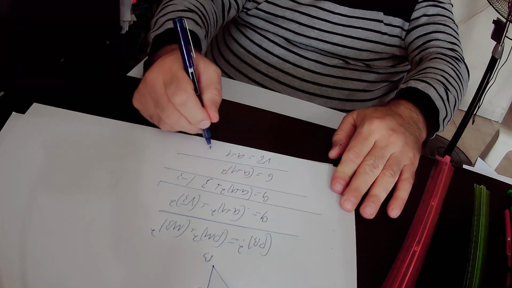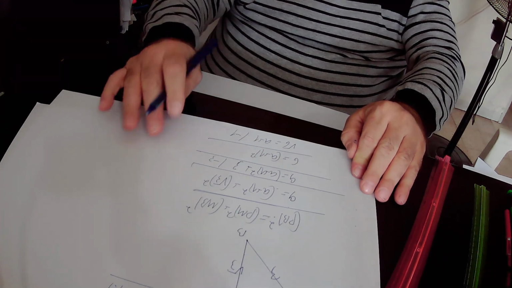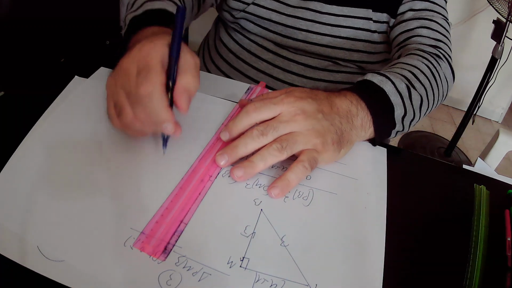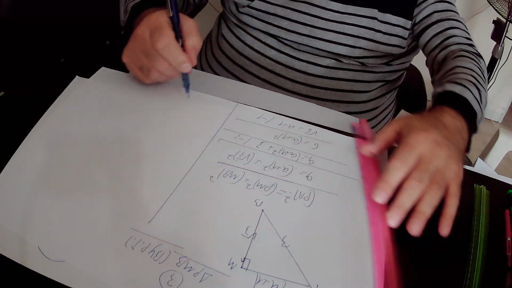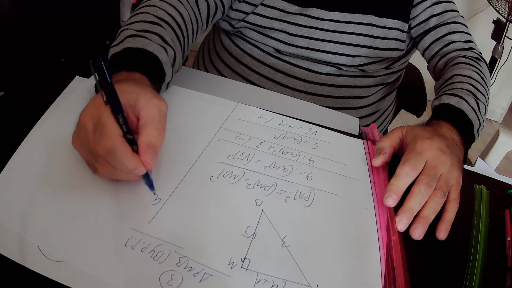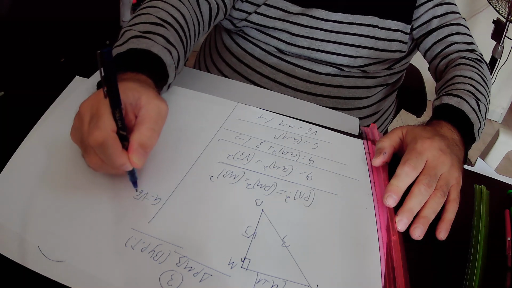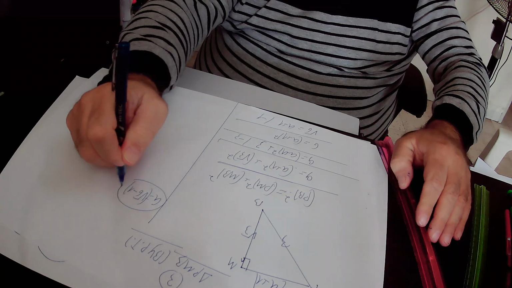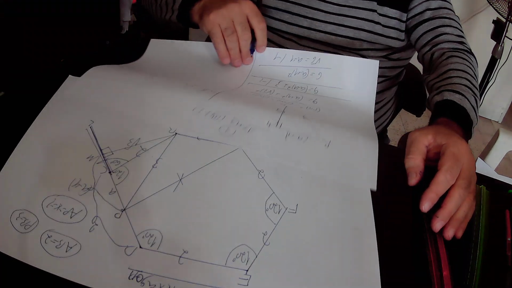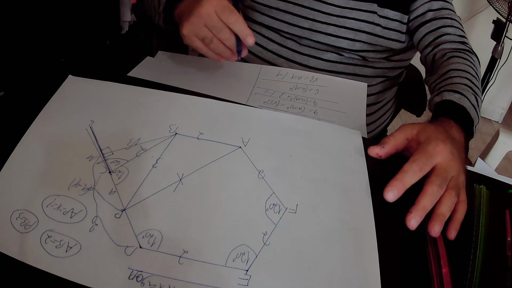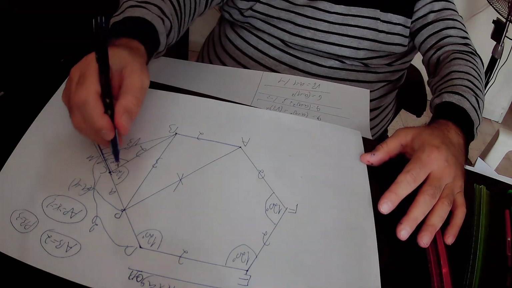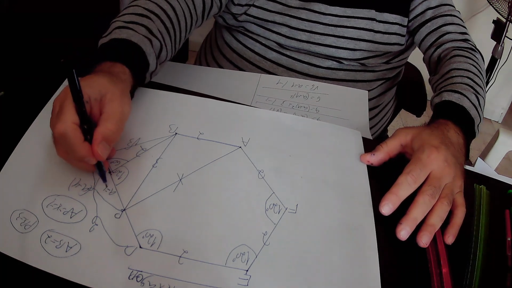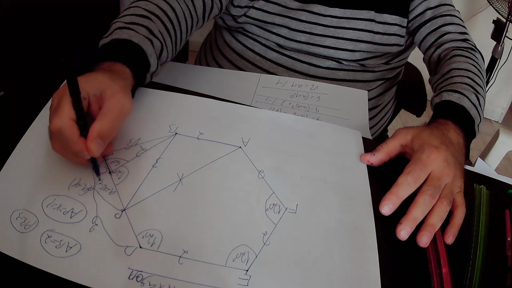Here we subtract 1 from this equation, and finally we get that A, the missing segment, equals the square root of 6 minus 1 units. So we can write down in the original drawing that the missing segment A is equal to PC. It is equal to the square root of 6 minus 1 units.